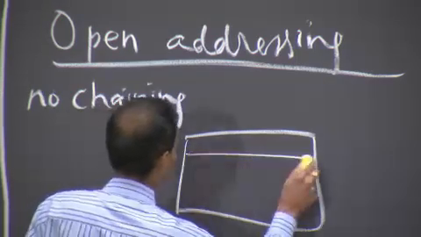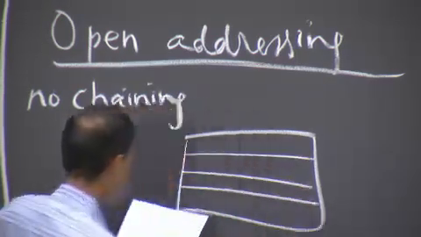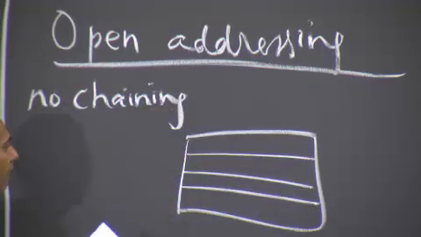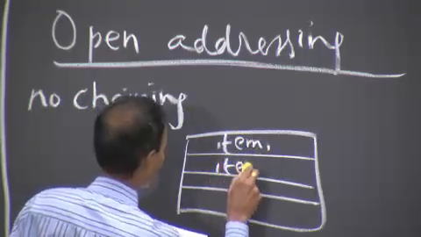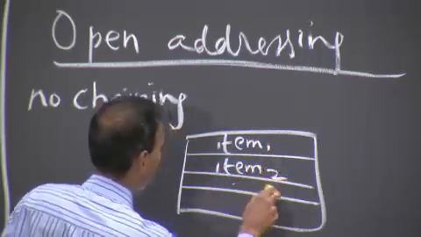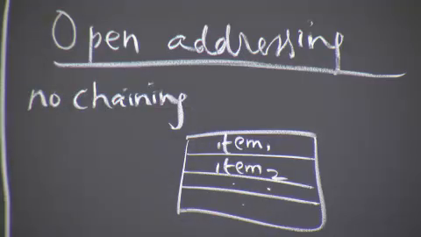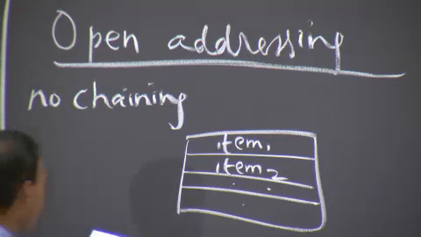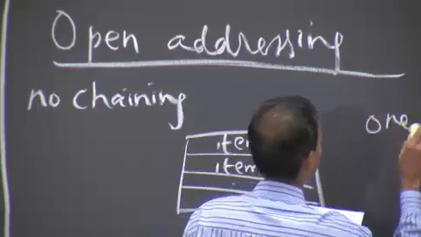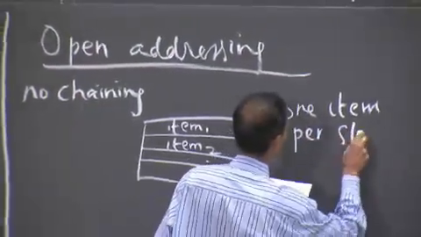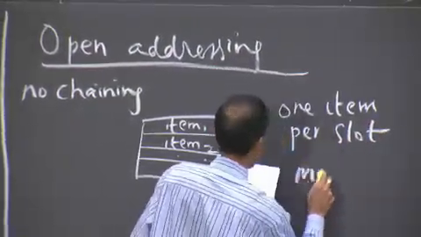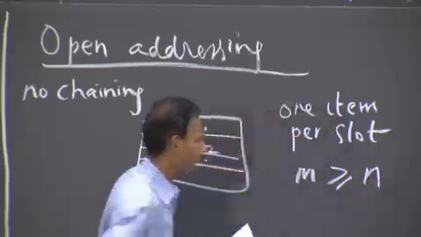And in particular, what we're going to do is assume an array structure with items. And we're going to assume that there's at most one item per slot. So m has to be greater than or equal to n. All right?